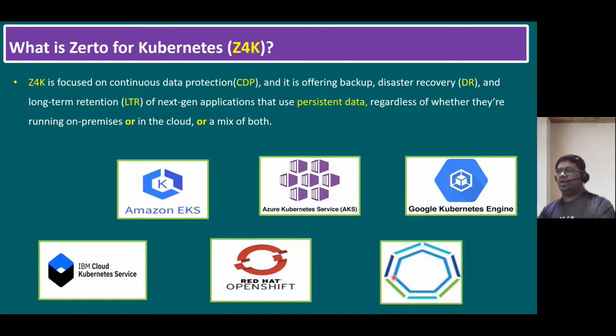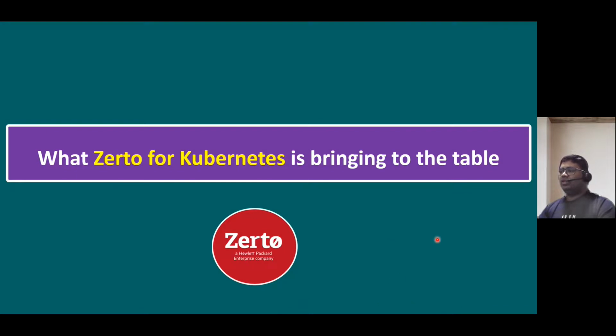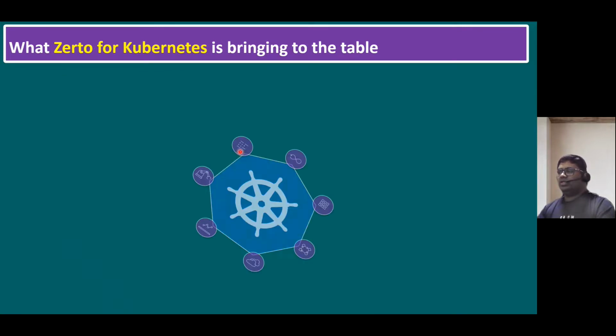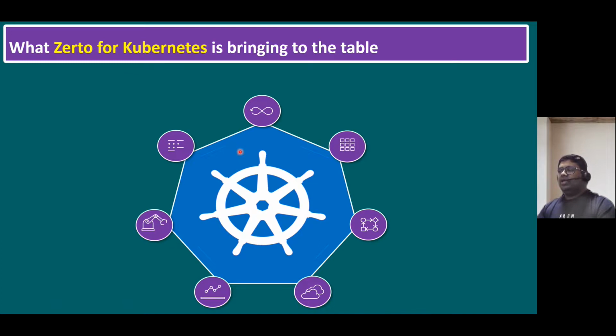So most of the popular Kubernetes platforms are compatible with Zerto for Kubernetes. And what is Zerto for Kubernetes bringing to the table? I'm just highlighting a few key points. The first one is continuous data protection for any application, any cloud, and any threat.